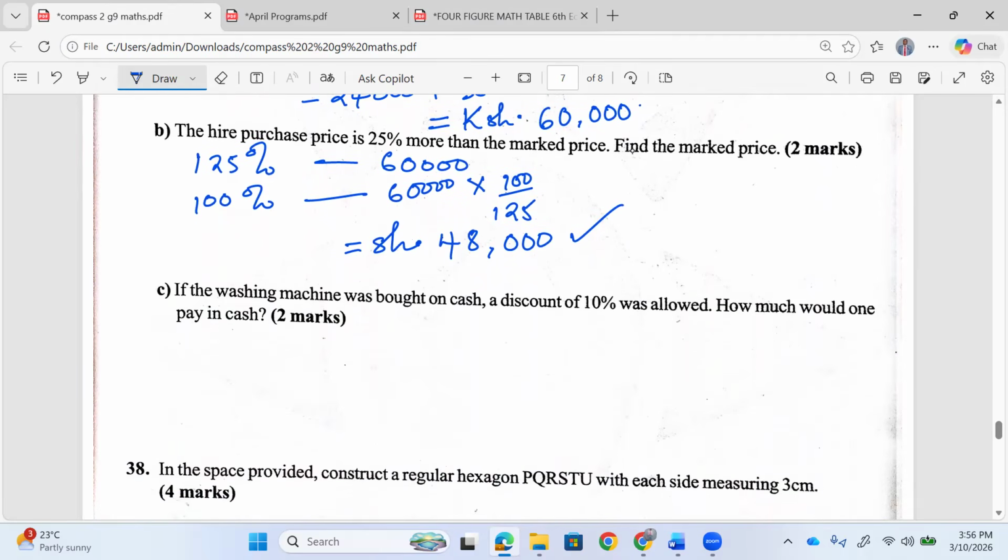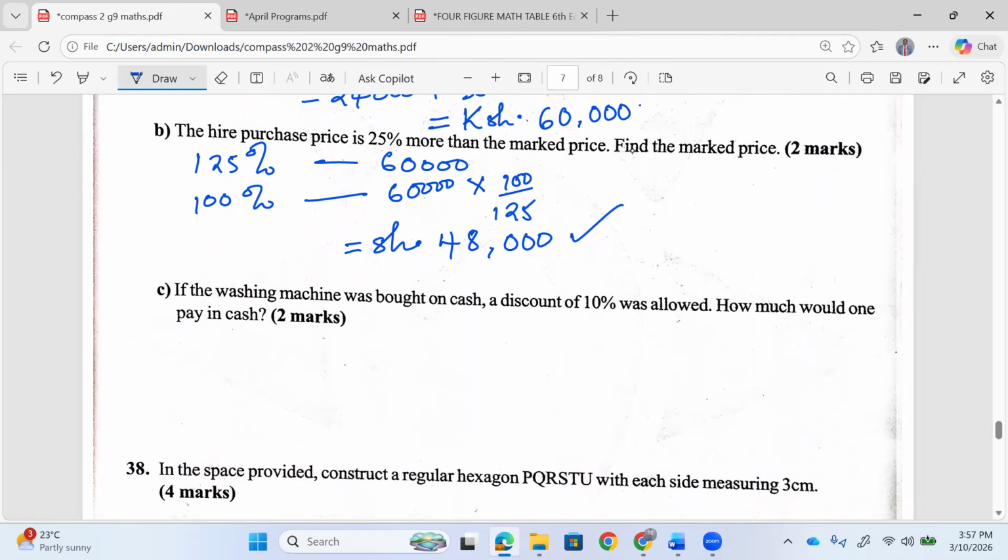Looking at part C of the same question. Now, if the washing machine was bought on cash, a discount of 10% was allowed. How much would one pay in cash? So in cash, you'll be told, we will not charge you 48,000.